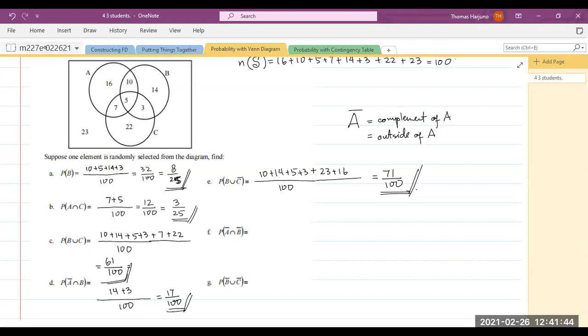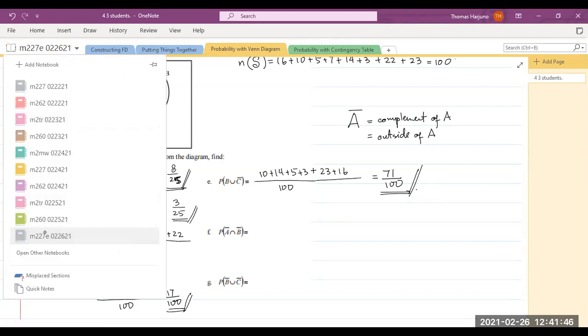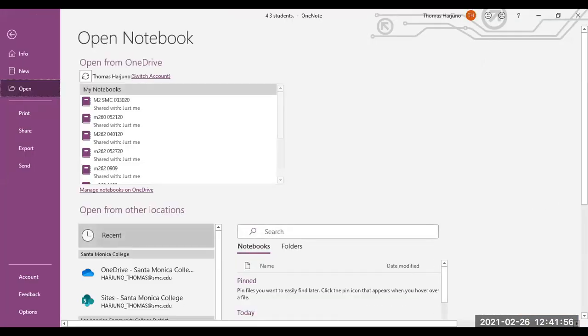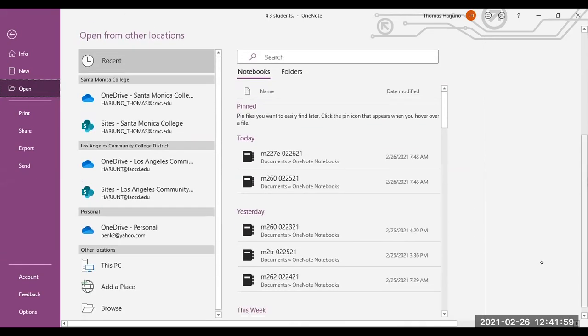Okay, so let's look back from last week. Where's my notes from last week? Give me a second, let me look for it. I want to make sure that I covered that last week.